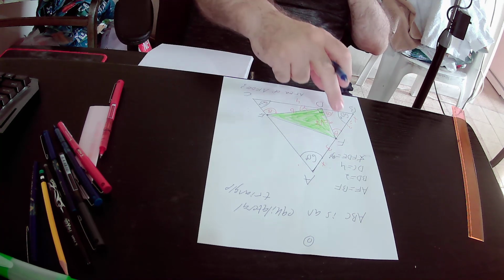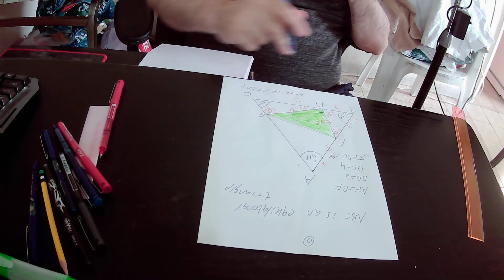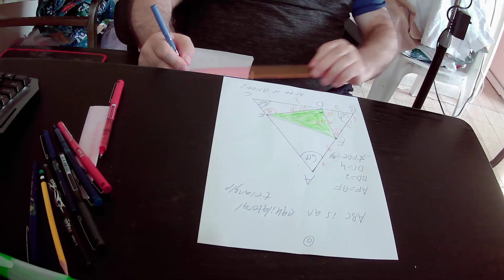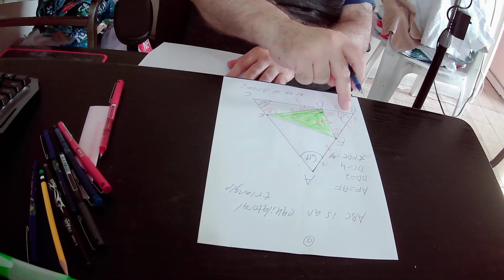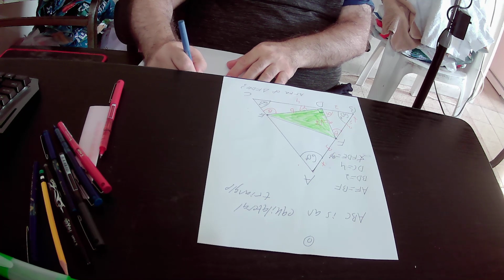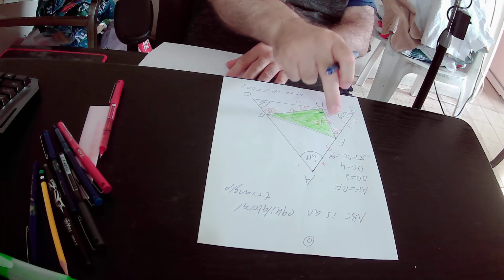According to the law of sines in the small triangle BFD, FD over sinus 60 degrees equals BD over sinus theta.